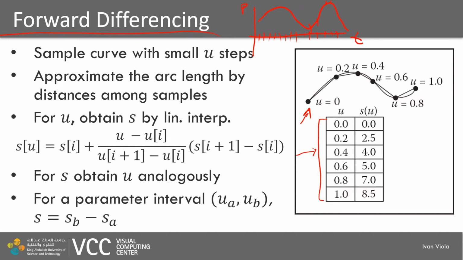And we see that there are different steps always. The delta U, if you like, will be 0.2. This leads to different lengths of our segments.